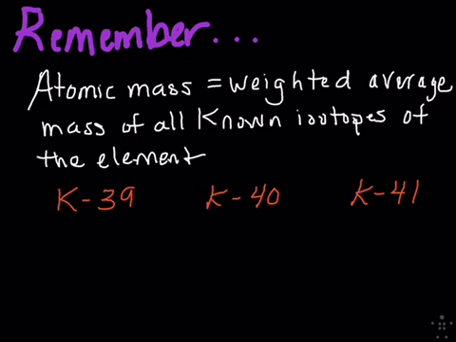And when we discussed it, we actually used potassium as an example. If you were to take a sample of all atoms of potassium, you would have isotope K39, isotope K40, and isotope K41.